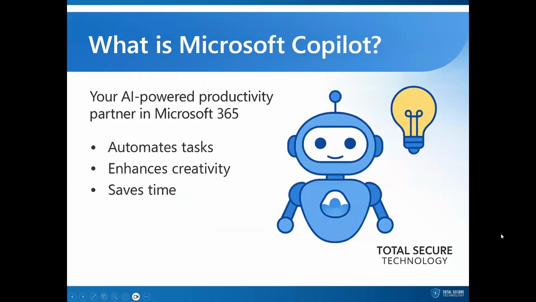So Microsoft Copilot is basically an artificial intelligence powered productivity partner within the Microsoft 365 environment, right? If you license Copilot within your tenancy for a particular user, Copilot starts showing up in all of the applications: Teams, Word, PowerPoint, and it really basically saves you time.